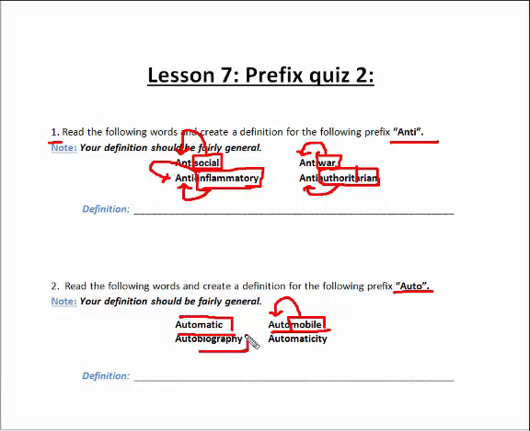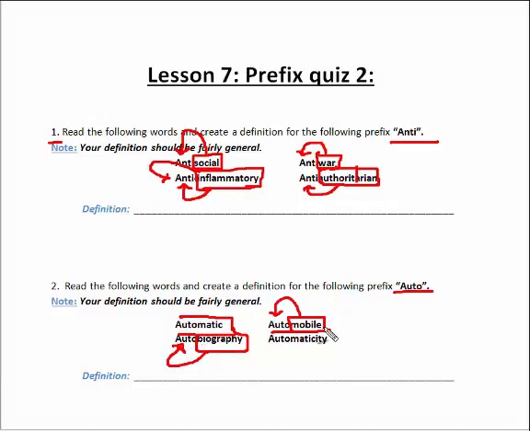Autobiography. Now, let's start making this term nice and loose. A biography is when you write a book about something. An autobiography is about yourself. So how do we make a loose definition? Automobile and autobiography.